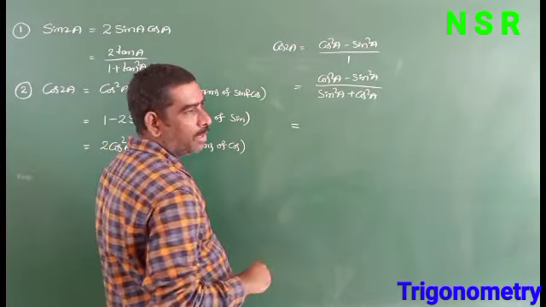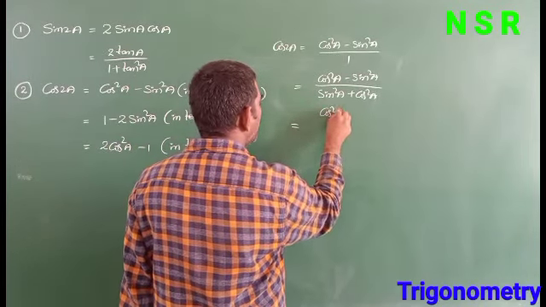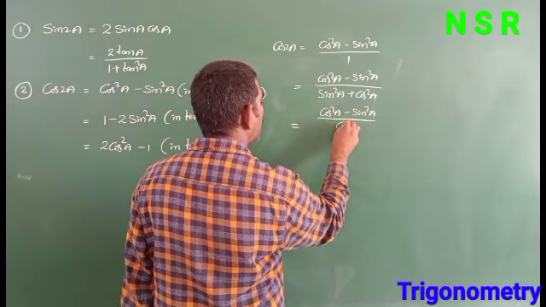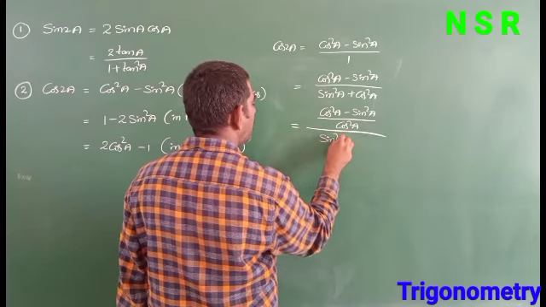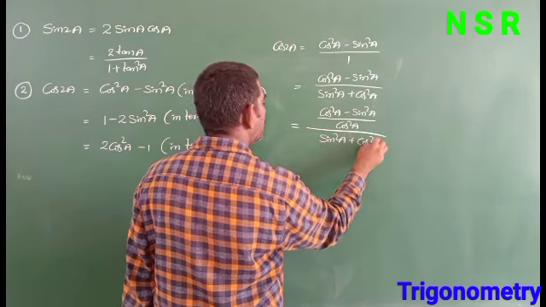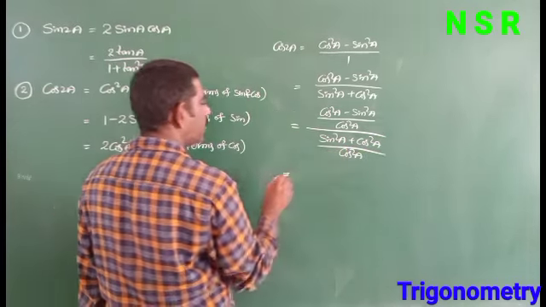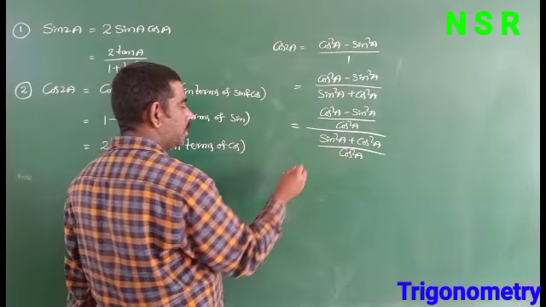So divide numerator and denominator by cos square a. So we get cos square a minus sin square a by cos square a, by sin square a plus cos square a by cos square a. Here the numerator has 2 terms and the denominator also has 2 terms, so separate the terms.